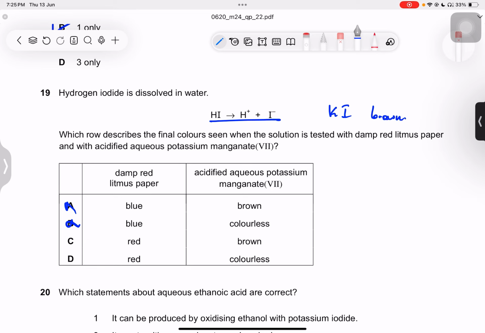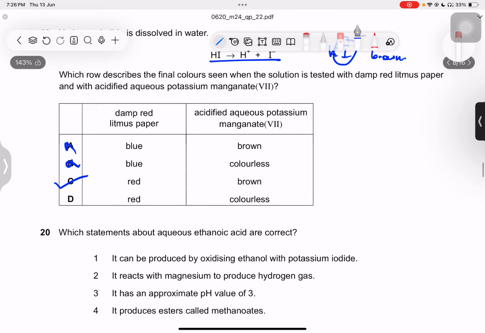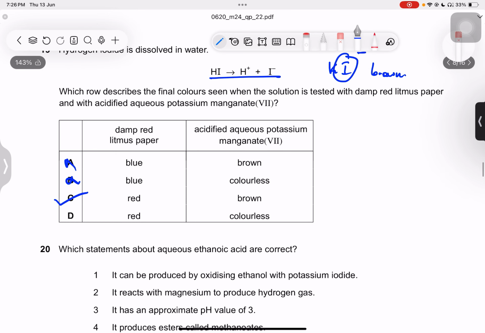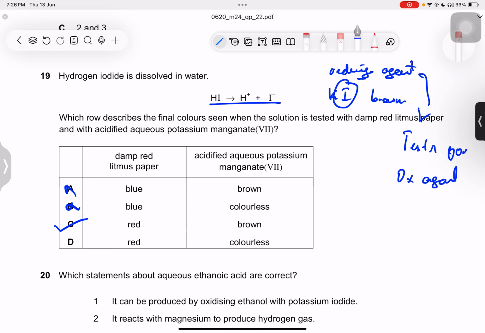So we have iodide present in this solution, so this will test for it, and the color should go brown, because acidified aqueous potassium manganate is an oxidizing agent, and this is a reducing agent. So this tests for oxidizing agent. So the test should be positive.